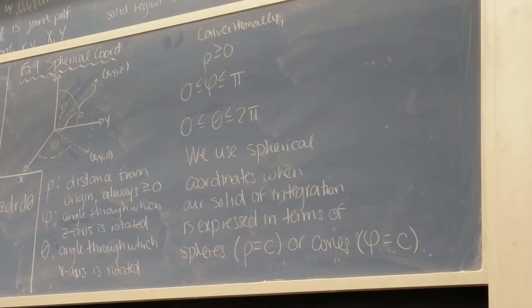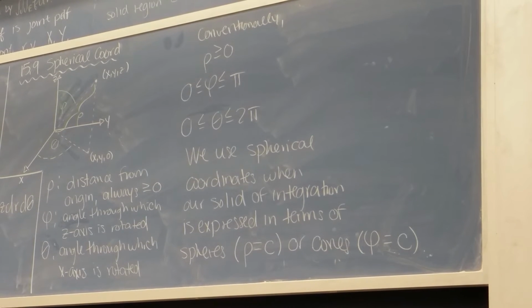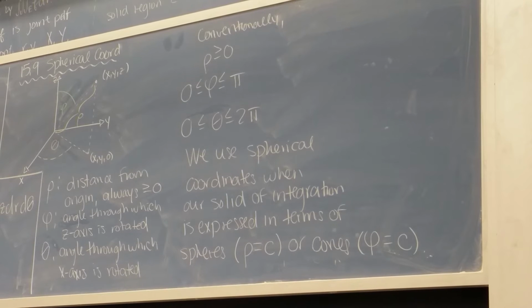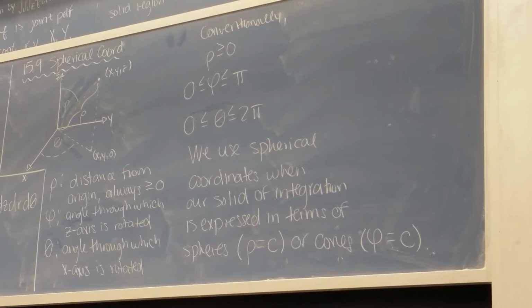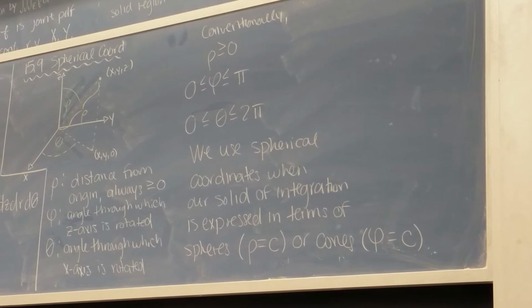Though you can also compute multiple integrals, triple integrals over cones in cylindrical pretty easily too. But if you also have a sphere, then cylindrical doesn't really help you out.